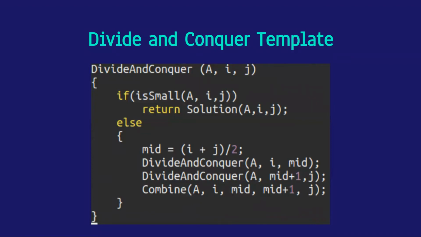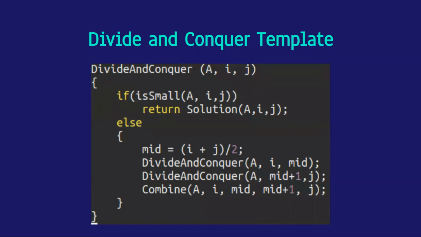In case of merge sort, if there is only one element in the array, then that means it is already sorted, right? It's already a small problem which is solved. So that is the first thing that you have to check, so that you don't have to put in any work. If the problem is already small, we have an imaginary function called is small. It's just an imaginary function, it's not a real function. It is the way that the template works.